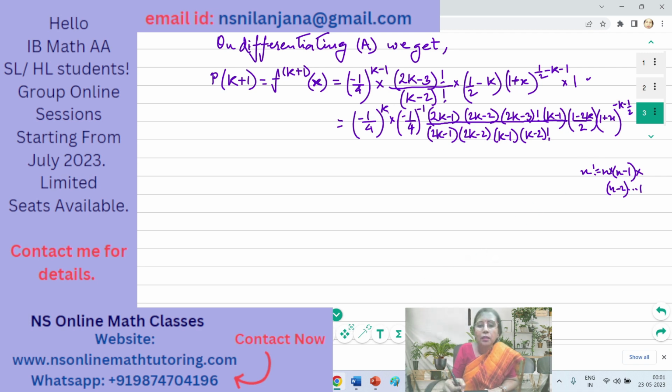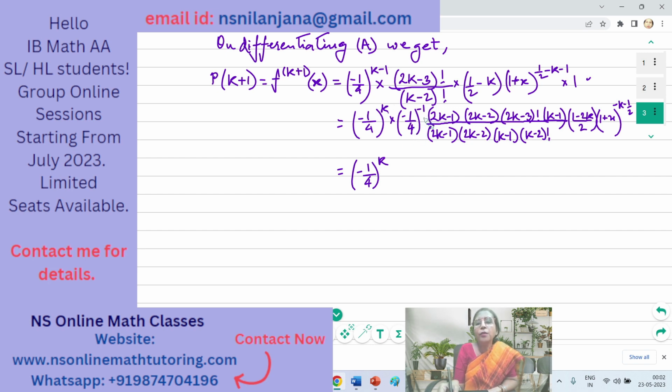Okay. Let me just erase this. Fine. And now we will be simplifying. This is negative 1 over 4 raised to the power of k. And this will be what?